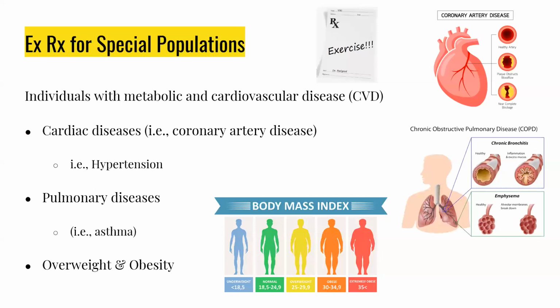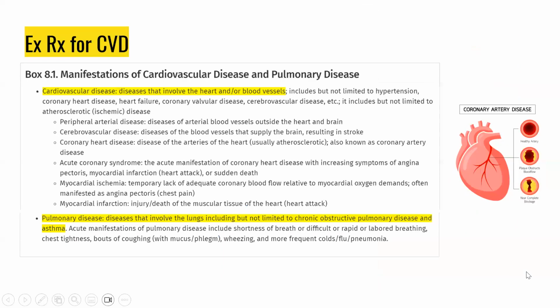So these are the exercise prescriptions for special populations. We're going to be focusing on the following: cardiac diseases, for individuals with coronary artery disease and hypertension, pulmonary diseases like asthma, and overweight and obesity. So these are the manifestations of cardiovascular disease and pulmonary disease. As a definition, cardiovascular diseases are diseases that involve the heart and or the blood vessels.